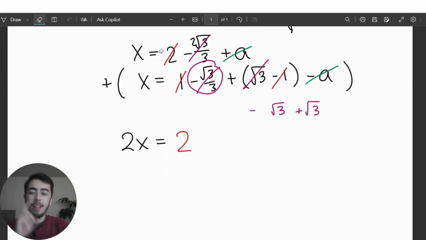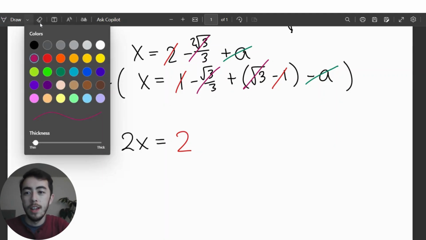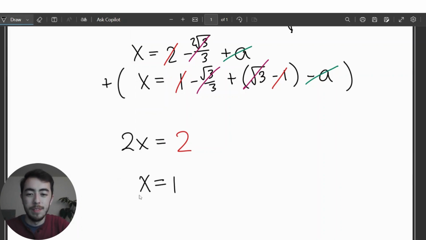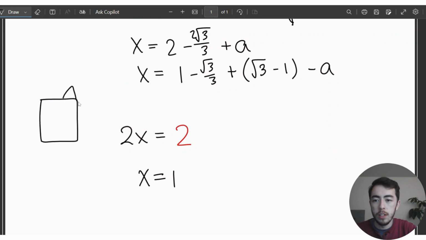And that one cancels out with the plus root 3. So all of those root 3 terms are just a 0. They don't do anything. And now I have a fairly easy equation, 2x equals 2. I know that x is 1. And I'm done.